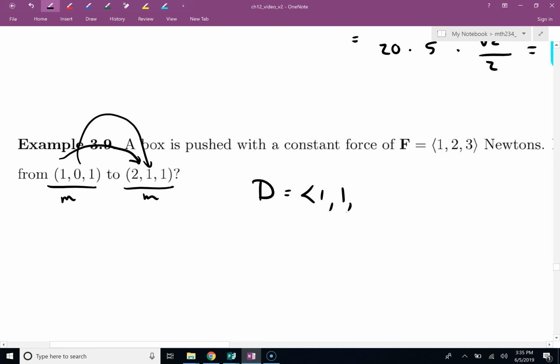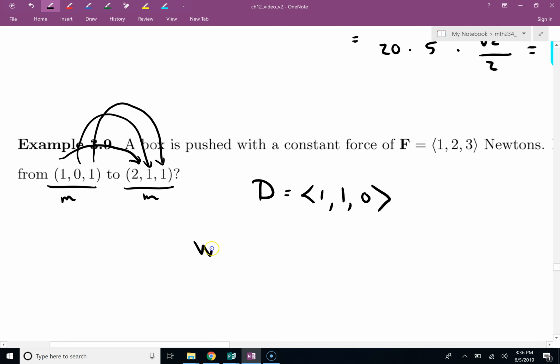And if you start at 1 and end at 1, how much were you displaced? You were displaced 0. You didn't move at all. So this would be my displacement vector: how much we moved to get from 1, 0, 1 to the point 2, 1, 1.